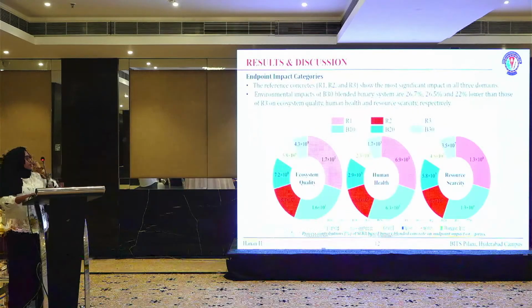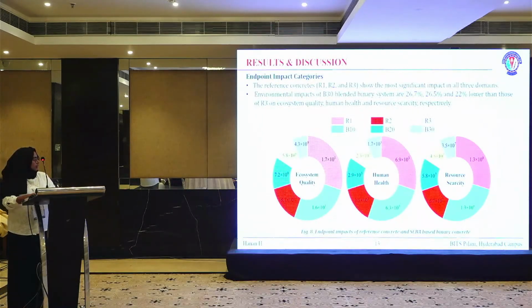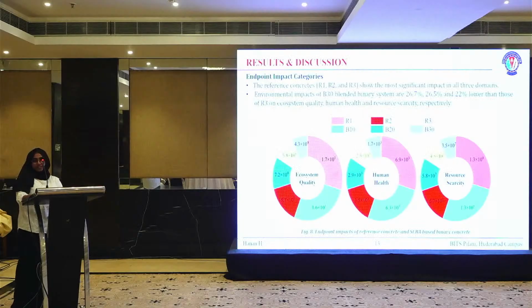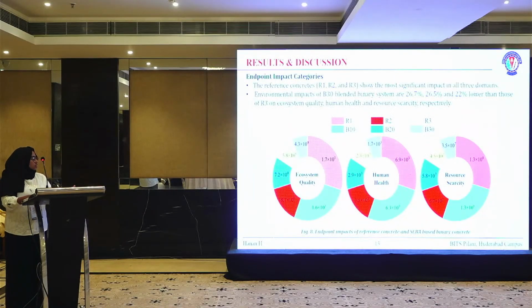Results of the endpoint impact categories were depicted in the figure, at the level of protection, that is quality of ecosystem, human health and resource scarcity.